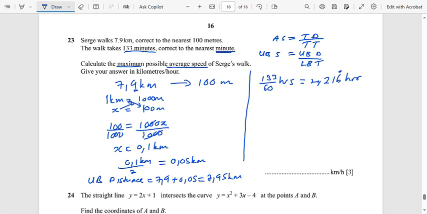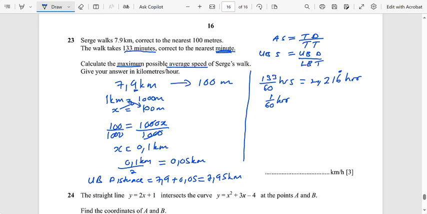But this one has been rounded off to the nearest minute. A minute is equivalent to 1 over 60 hours. So that's to the nearest 1 over 60 hours. That's where they rounded off.